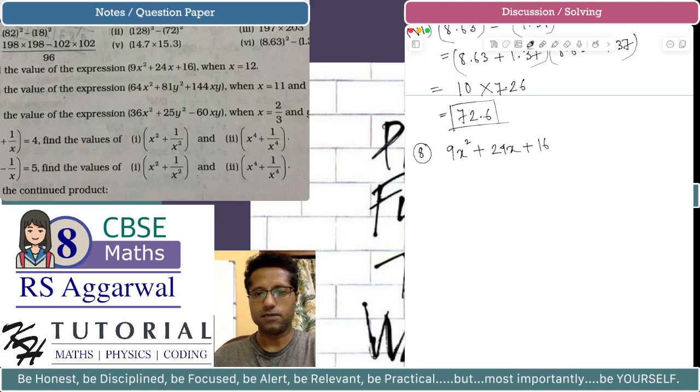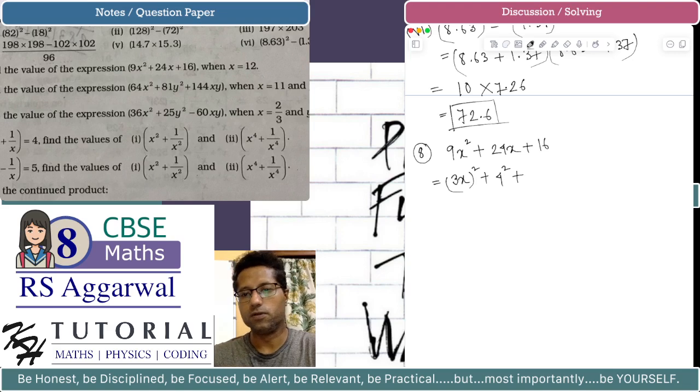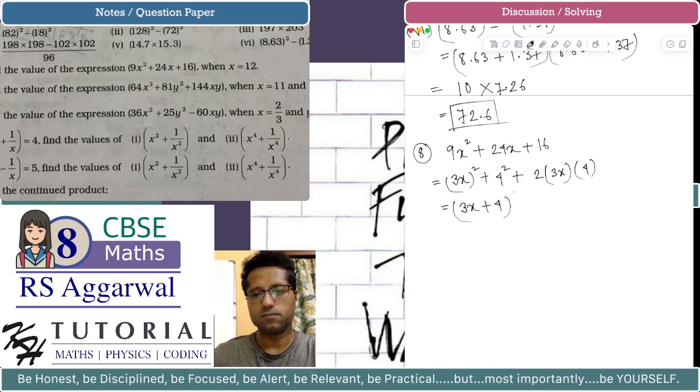You must realize that you have to simplify this given expression using some algebraic identity, like 9x square is 3x whole square, 16 is 4 square, and you can see 24x is 2 into 3x into 4. So clearly this is of the form a square plus b square plus 2ab, which will be equal to a plus b whole square.